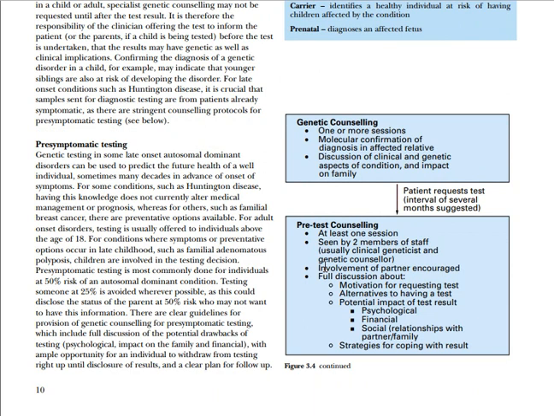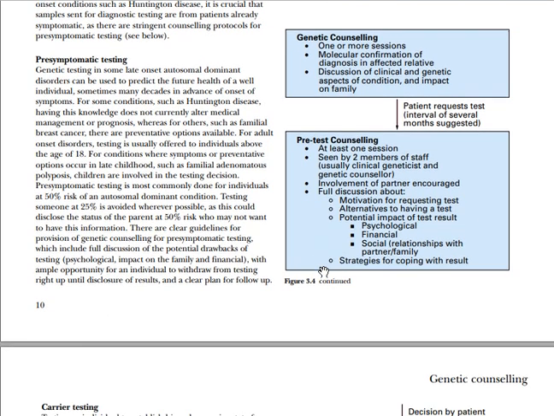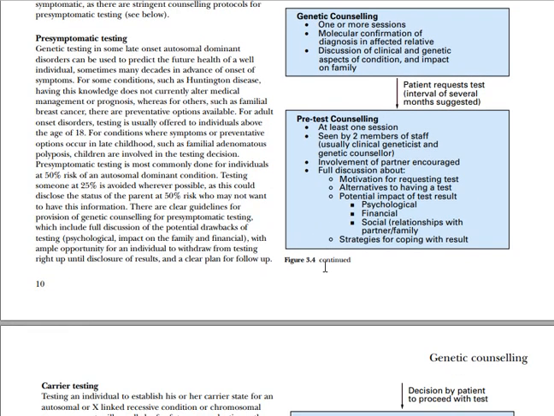Now, genetic counseling, you may have one or more sessions. You have molecular confirmation of diagnosis in an affected relative. You have discussion of the clinical and genetic aspects of the condition and its impact on the family. The patient requests the test, so we have pre-test counseling and all that. This is at least one session seen by 2 members of staff.